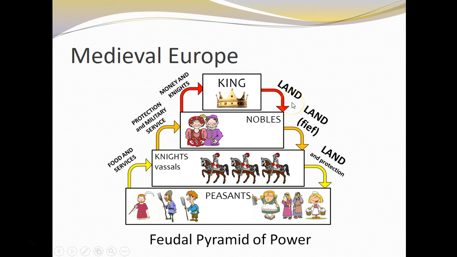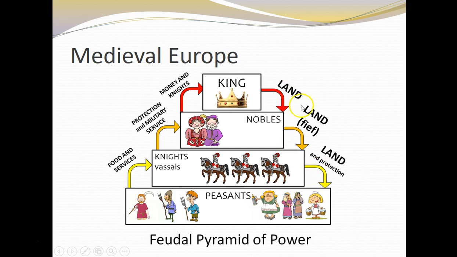But the main idea of feudalism is that the king owns all the land. He's on top. He gives some of that land out to nobles, who give some of that land out to their knights, who then have the peasants and the freed people working for them.